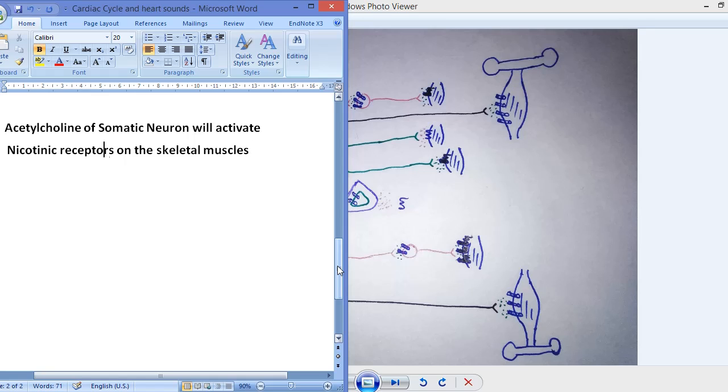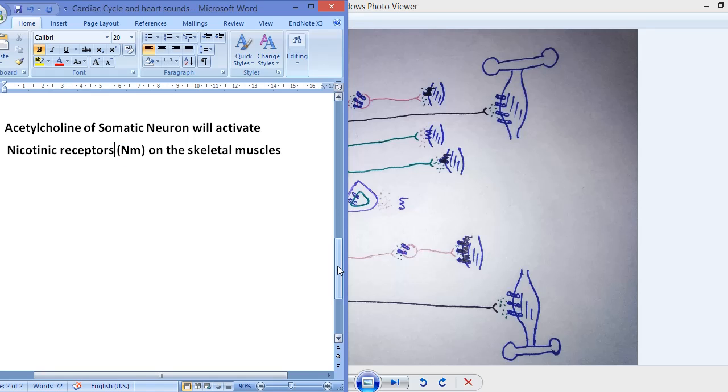These nicotinic receptors are simply known as NM nicotinic receptors, capital N and small m. M represents the muscular junction, and N represents the nicotinic receptor.